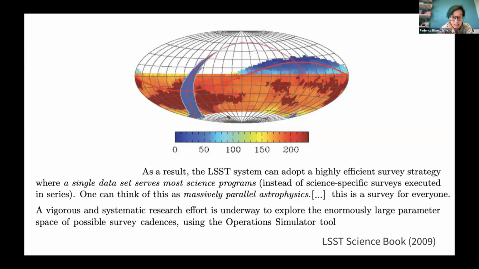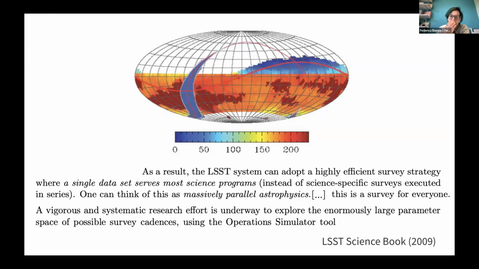So the story of how we designed the survey strategy dates way back, approaching 20 years at this point, in the LSST science book. So that's the year 2009, before I got involved in LSST, before probably a lot of people here got involved in LSST.